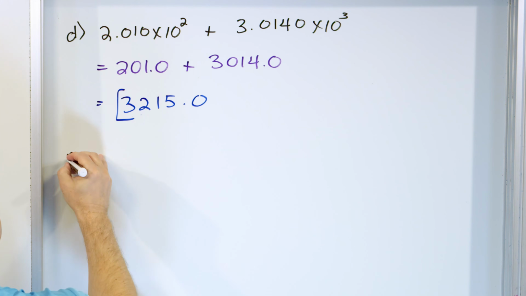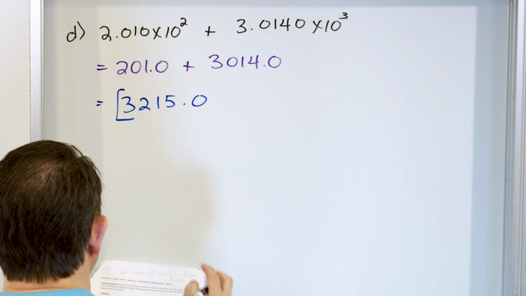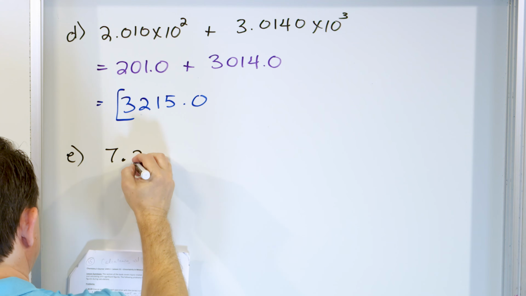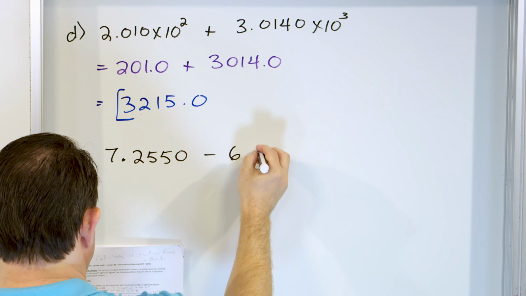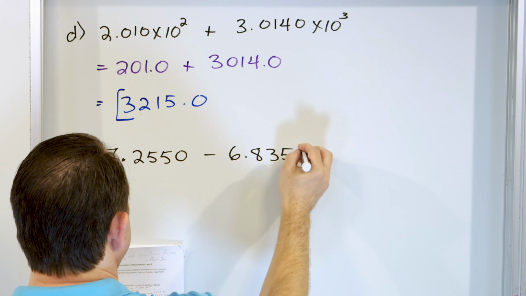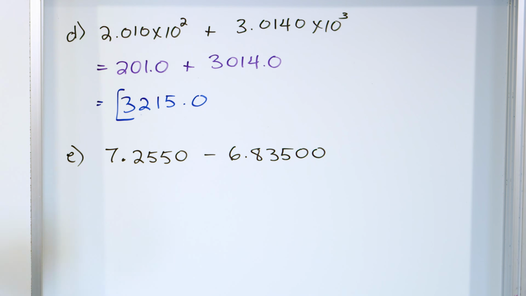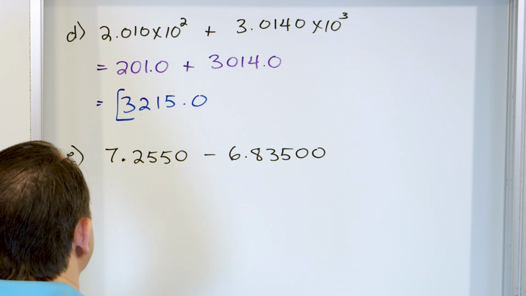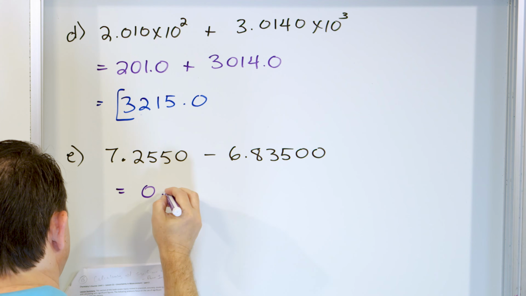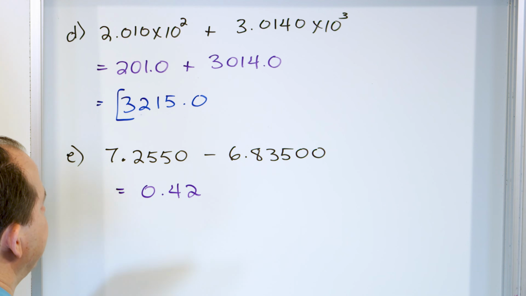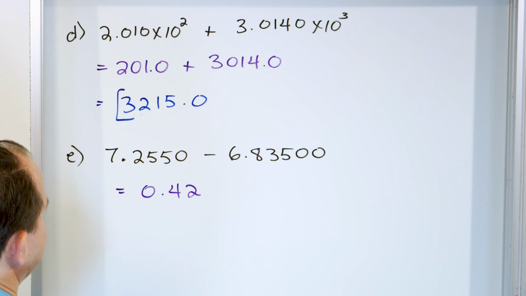All right, next problem. We're going to have 7.2550 minus 6.83500. So when you take this number and you subtract this number, what you get is 0.42. That's what you would get in a calculator, in terms of a decimal.